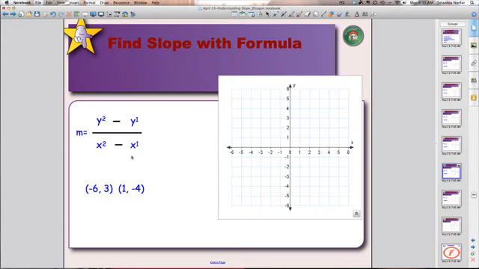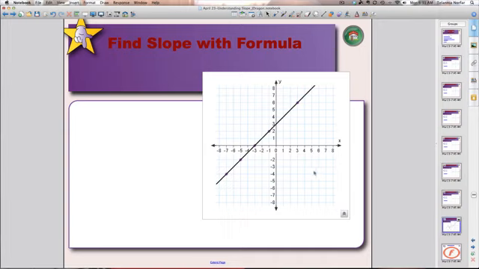Again, plug into the formula, verify with the graph, unpause the video when you're done. Okay, another problem for practice. Again, unpause the video when you're done. Okay, now find the slope using these points. Again, counting up and counting over, and looking to see if the line is positive or negative. Unpause the video when you found the slope.